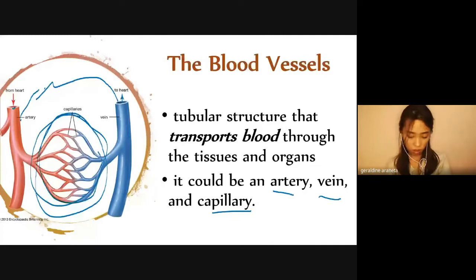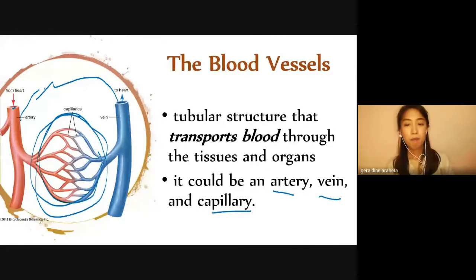So, usually yan yung mga parang ugat-ugat na nakikita natin sa mga balat natin. Okay. So, itong si capillaries, ito yung pinakamarami na connected sa mga organs. So, ito yung mabilis maputol, mabilis ma-damage, mag-break. Okay. Why? Because of its size.